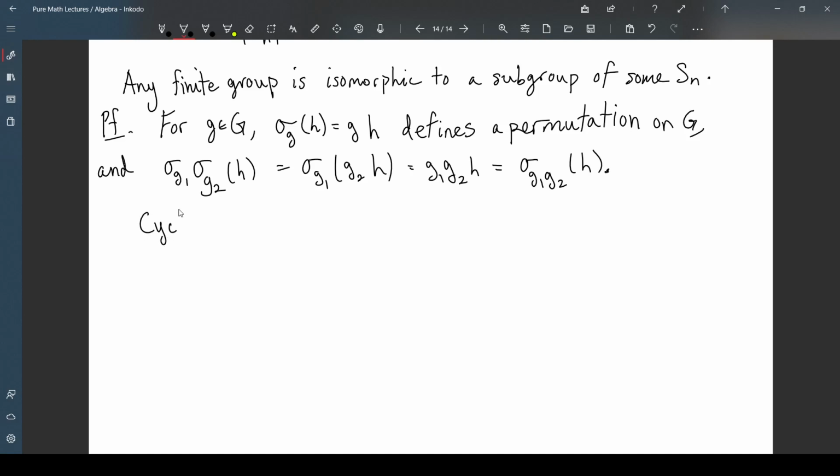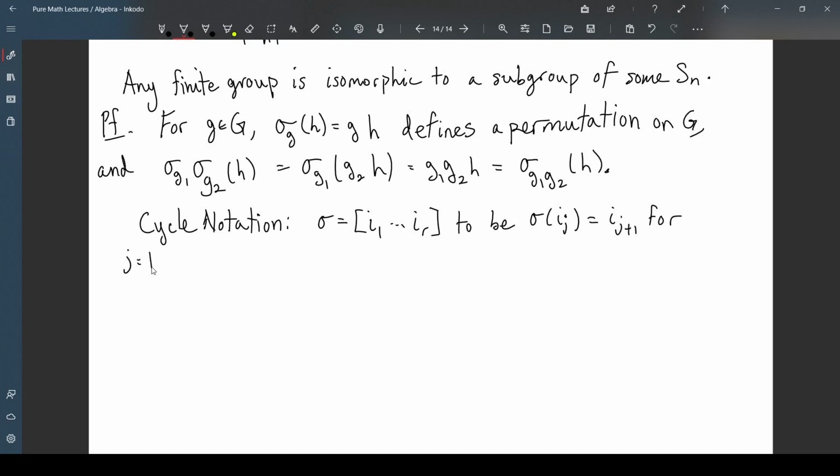The next thing is cycle notation, which is a way to denote certain permutations. So we denote a permutation (i1 through ir) to be sigma of i sub j equaling i sub j plus 1 for j equal to 1 through r minus 1.